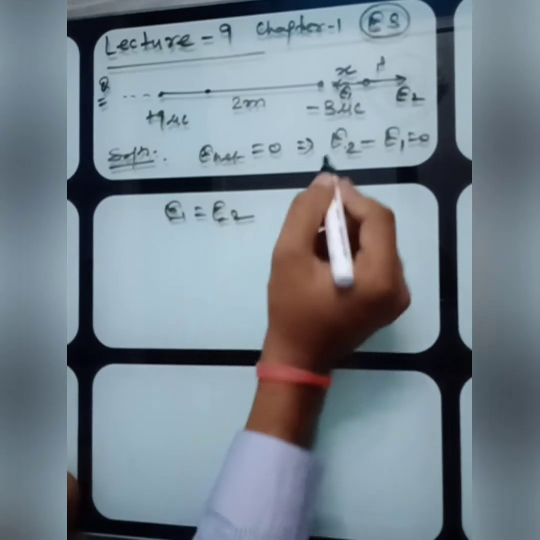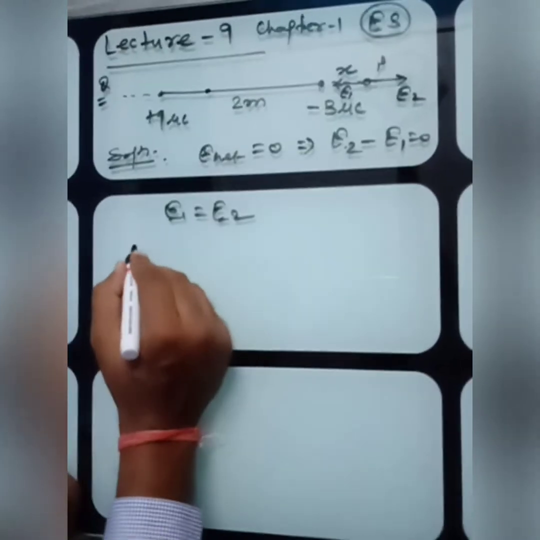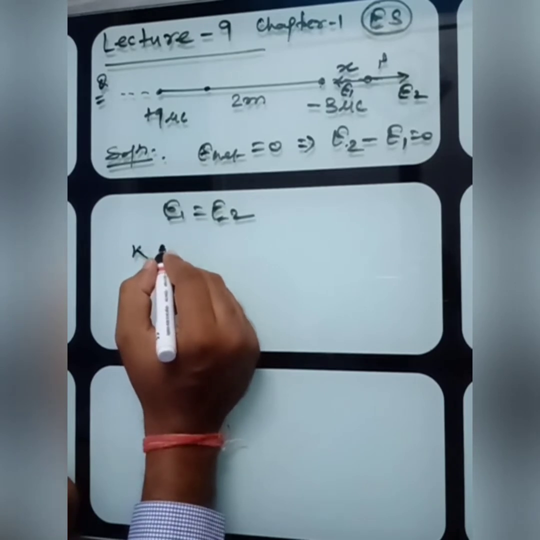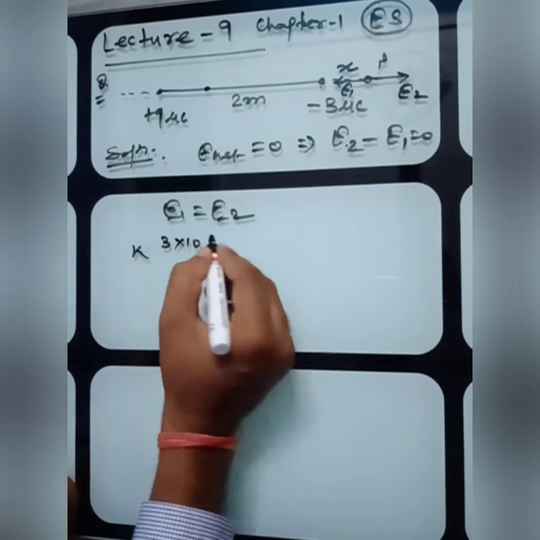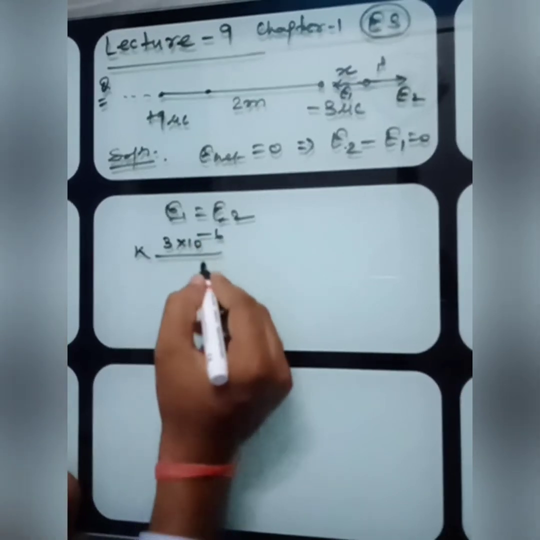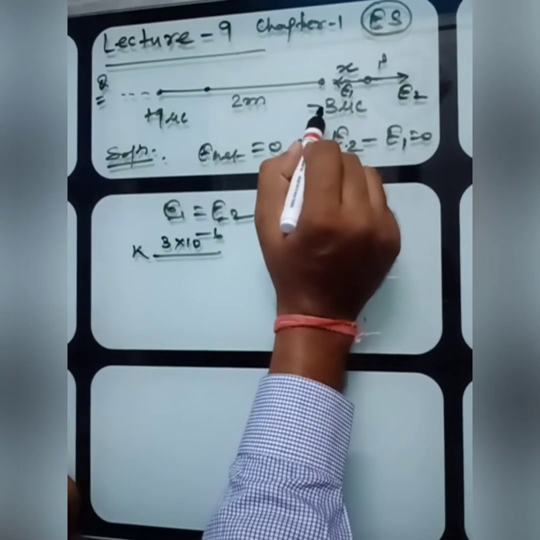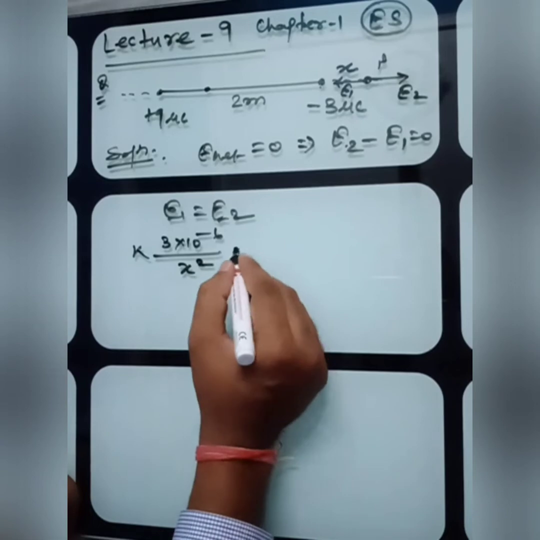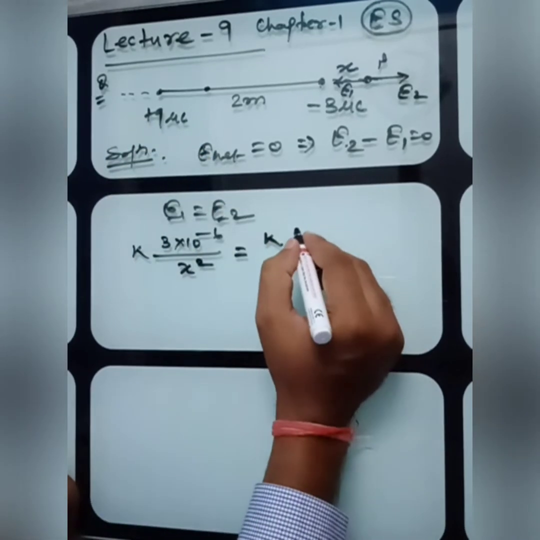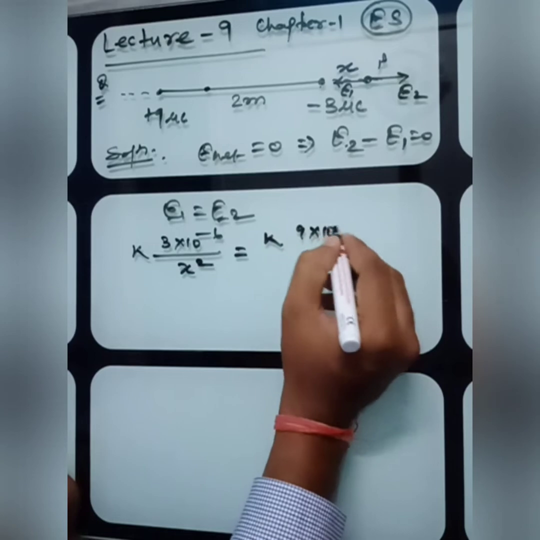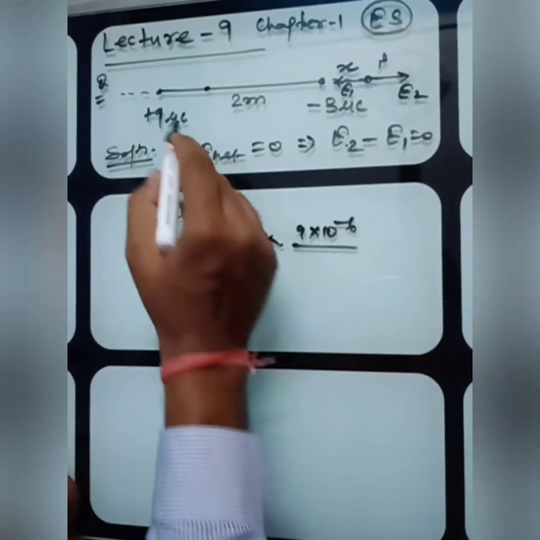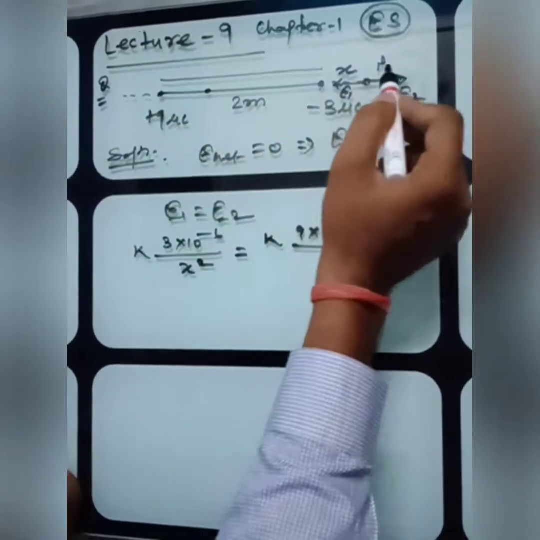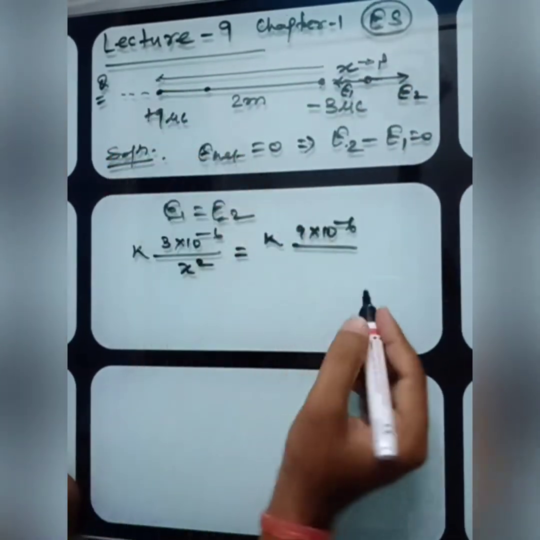Now, due to this negative charge, the field will be kq, and remember, we have to write only the magnitude, not the nature: 3 times 10 power minus 6 for the microcoulomb divided by r square. So from this negative charge, the point is x distance away, and this equals kq, 9 times 10 power minus 6, divided by the distance from this positive charge, which is 2 plus x, squared.